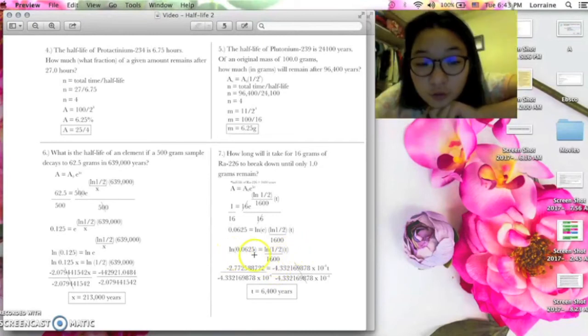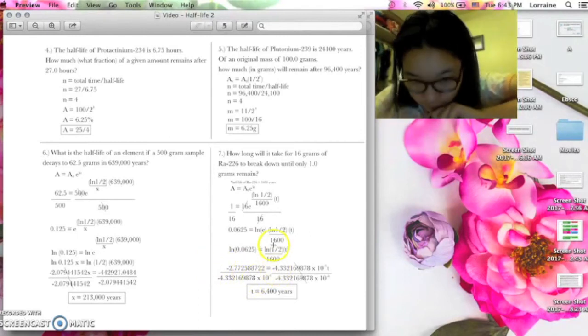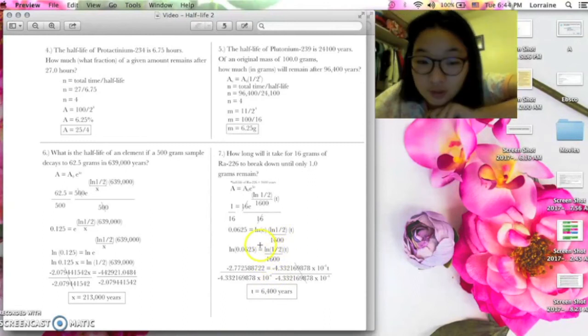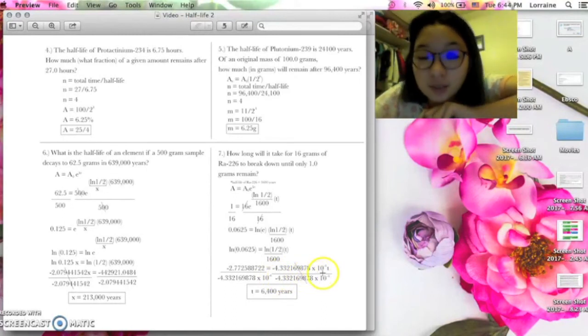So ln of 0.0625 is equal to negative 2.7725888722. We solve for ln of 1/2 over 1,600, which is equal to negative 4.3321698878 times 10 to the negative 4th power.